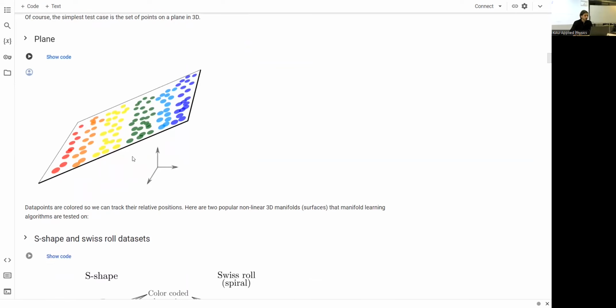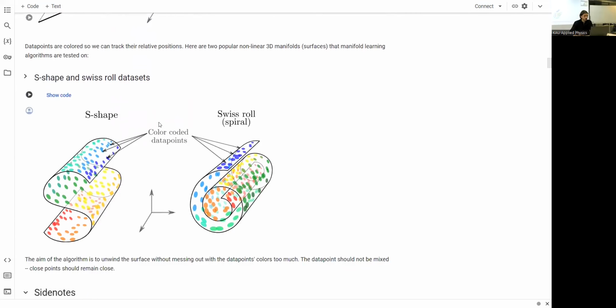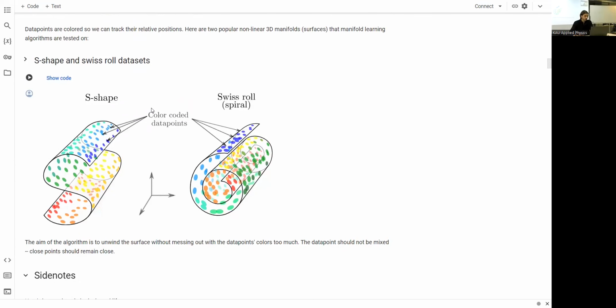If I have a plane in some multidimensional space, I expect that this plane will be transformed so that I have just x and y coordinates in that plane. That is some sort of linear transformation that, for example, PCA can do for us. And of course, our more complicated methods should be able to handle these cases as well. So that's what is expected. What else?